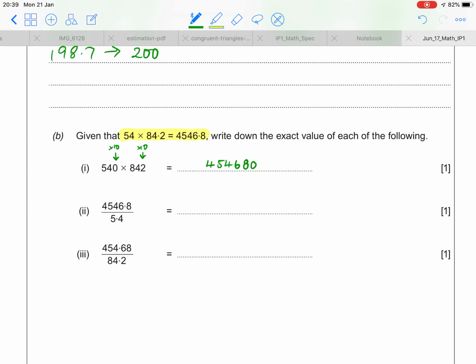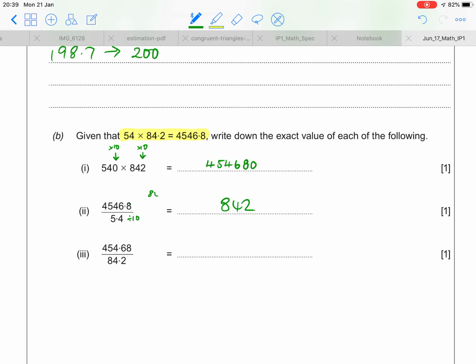If you look at part B and part C, these are to do with division. So as I already have the answer number here identical to the answer number in the question, but I'm dividing it by the equivalent of the 54, I know my answer is based around the 842. As the number that I'm dividing by has actually got 10 times smaller, so the number I'm dividing by was divided by 10, then the answer is actually made 10 times bigger.